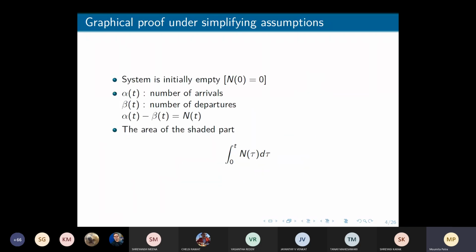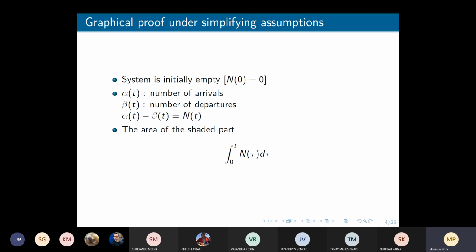Now we will get into further portions. The system is initially empty, that means n0 is equal to 0. We represent alpha t as the number of arrivals, beta t as the number of departures, and alpha t minus beta t will be the number of jobs in the system, which is equal to nt.